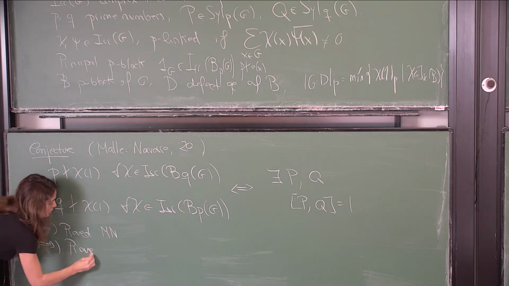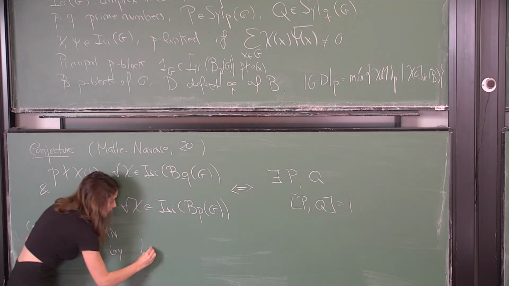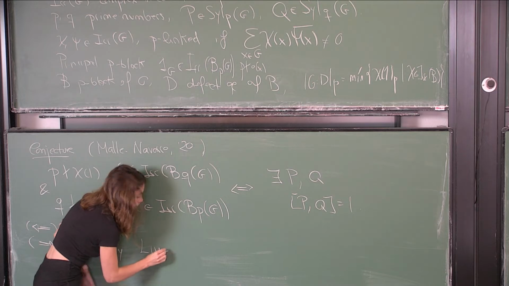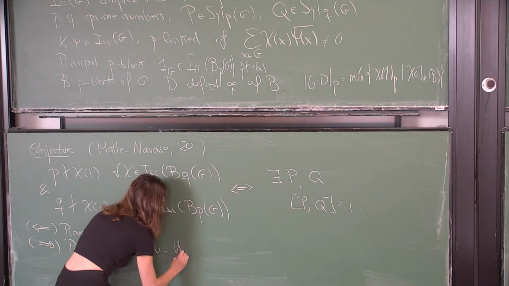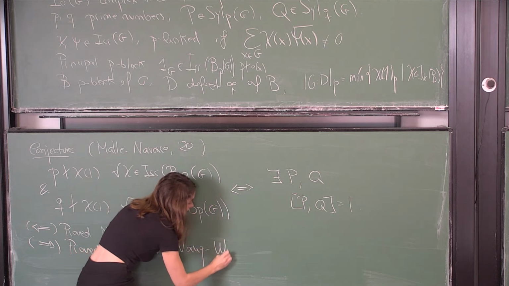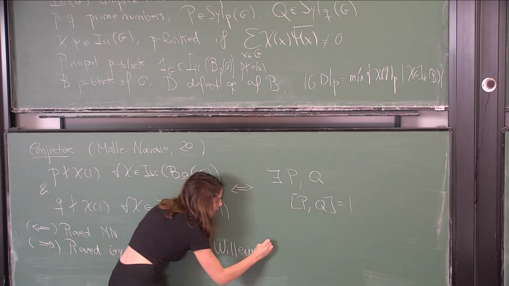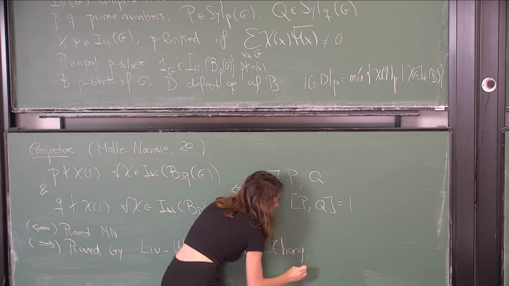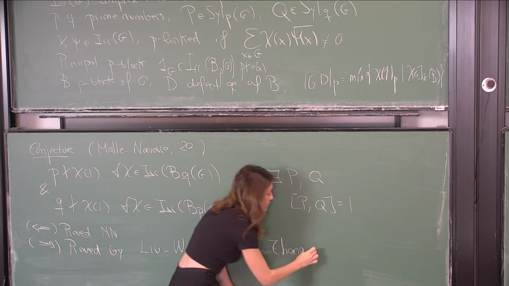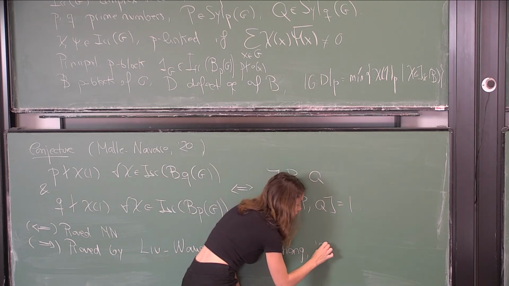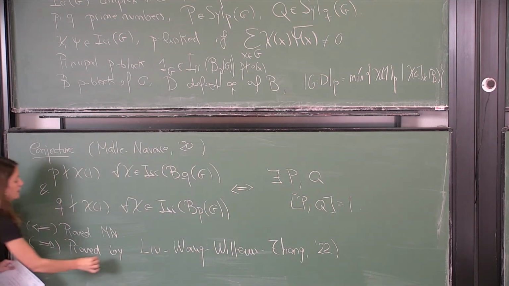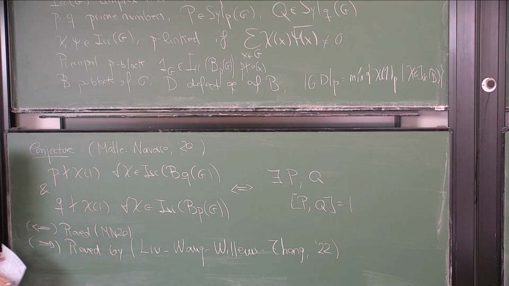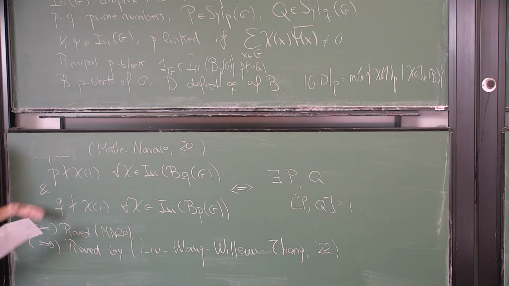So this was proved by Liu. I don't think this has been proved yet, but maybe it can be proved. So this is not a conjecture anymore, but a theorem.